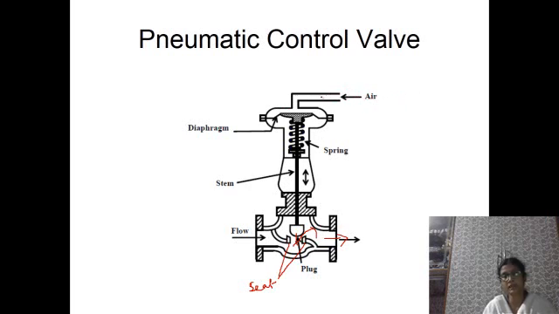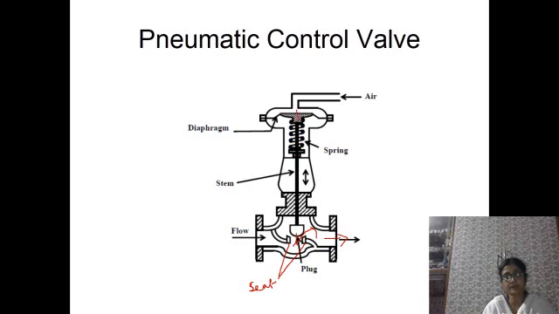So the controller output is sent to the upper part of the diaphragm of the actuator. That will be compared with the spring force, that is the restoring force. And if the upper pressure is more than this spring force, then what will happen?